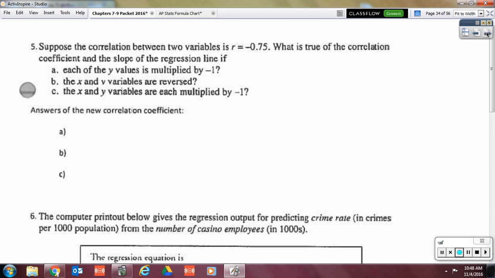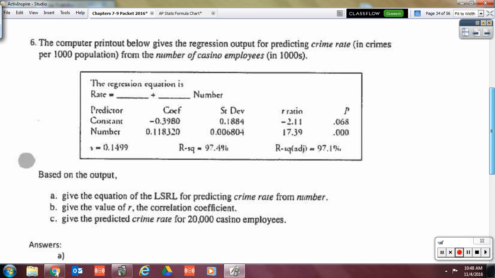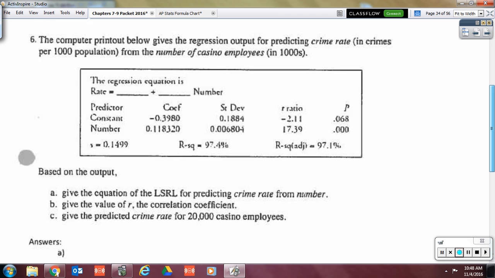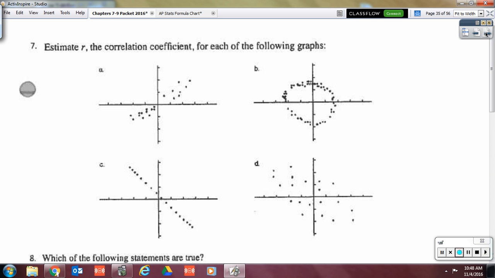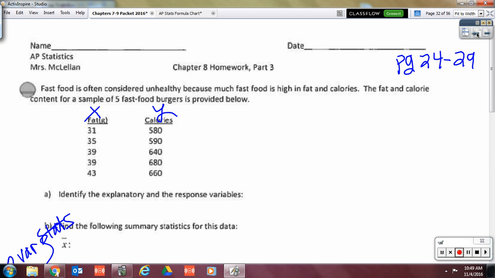This one's a question about the correlation coefficient, what affects it. And here's a problem on reading the computer printout, just like we had learned on Friday. And then finally, we've got some multiple choice to finish this out. All right, so please use the rest of the class wisely to get as much of this done. What you do not finish is homework.